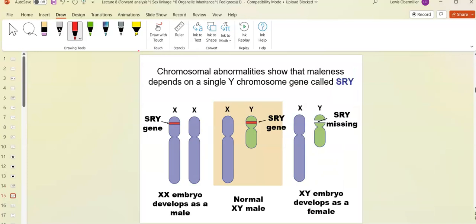So there are instances where you have chromosomal abnormalities in the Y chromosome, in the particular gene called SRY. Back in the day, you had these East German women who had a lot of male characteristics, winning lots of Olympic events.